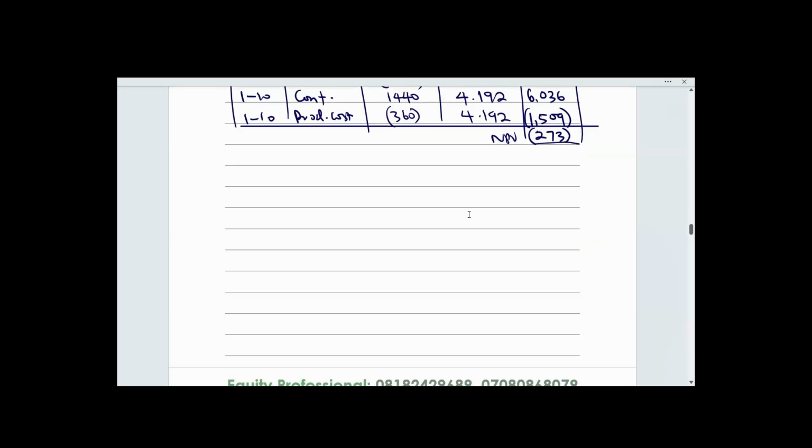Okay, so with this, I can then say internal rate of return equals lower discount rate plus net present value of the lower discount rate over net present value of the lower discount rate plus net present value of the higher discount rate, times higher discount rate minus lower discount rate.